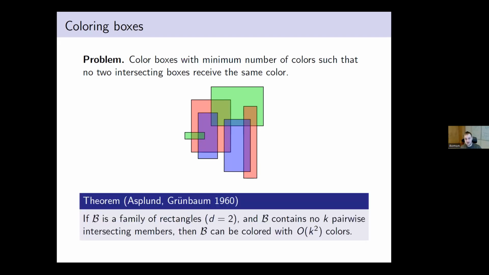And this result in dimension 2 is actually a quite classical result of Asplund and Grünbaum. So they proved that, again just in the d equals 2 case, if your family contains no k pairwise intersecting members, then it is enough to use roughly constant times k-squared colors.